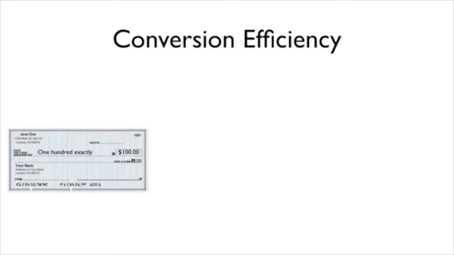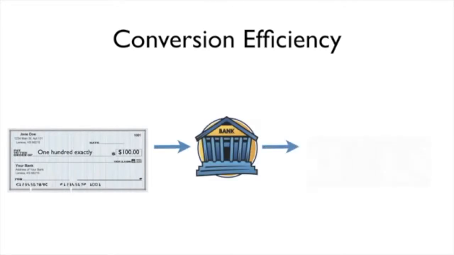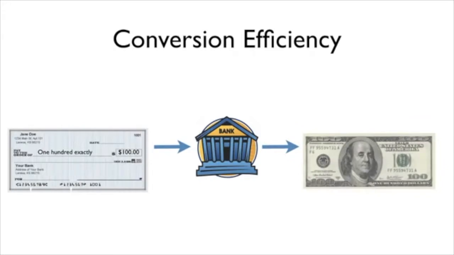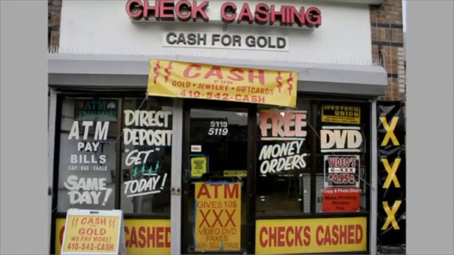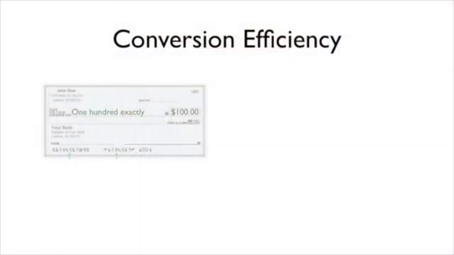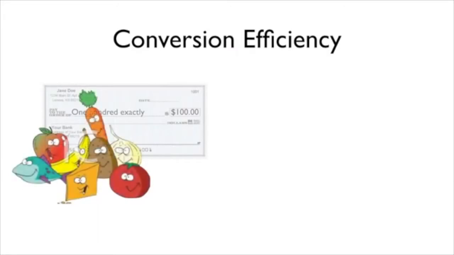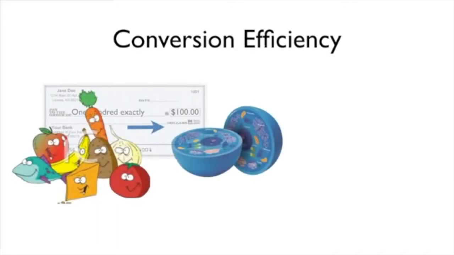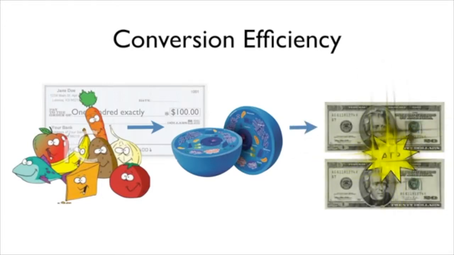How good are we at doing this? Well, if you take your paycheck and you go to a bank and you have the bank do the conversion, the bank should give you the exact same amount, right, as your paycheck. Unless you go to one of those check cashing places where they charge fees and all that. You don't want to go there. The food that you eat gets converted, and if you had $100 worth of food, the amount of usable energy that you're going to get out of it in the form of ATP is only about $40.